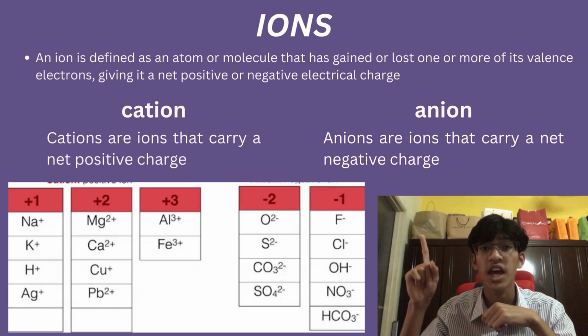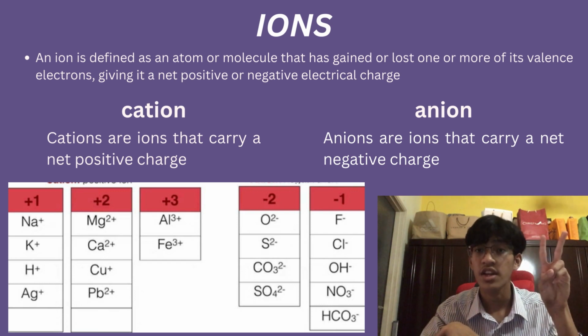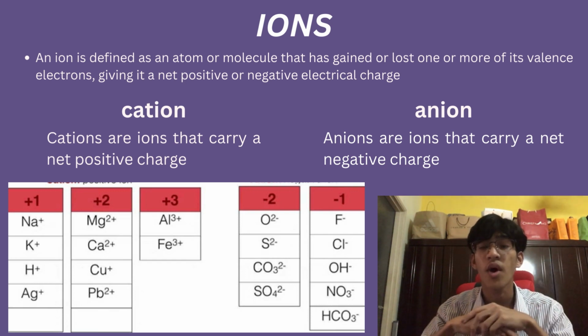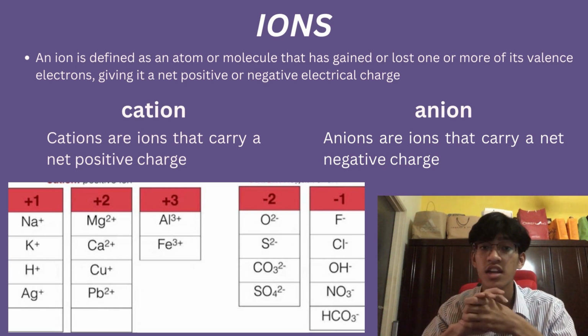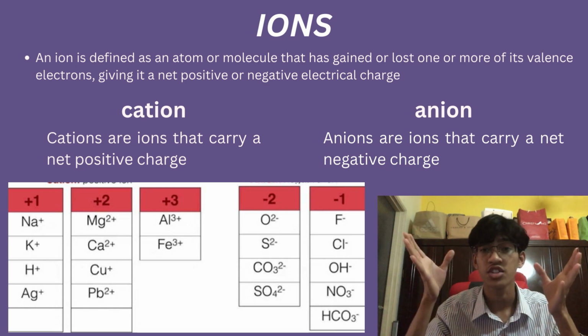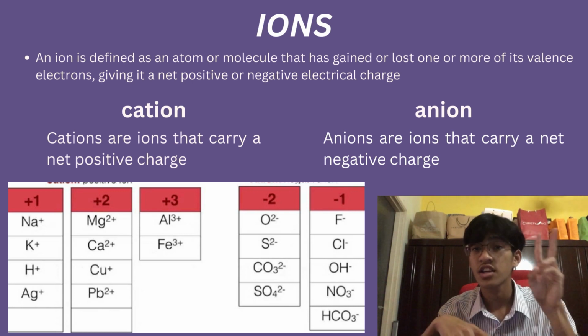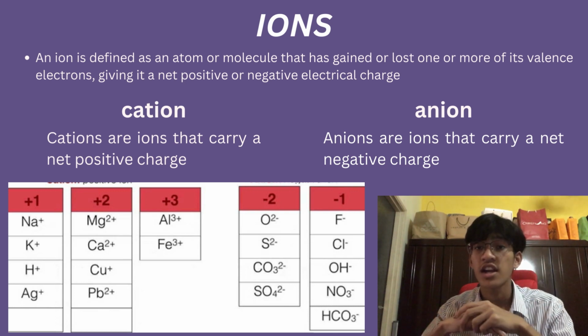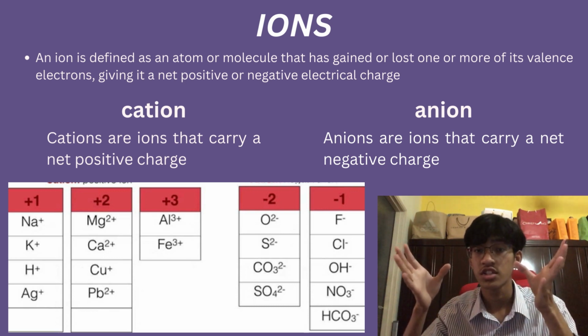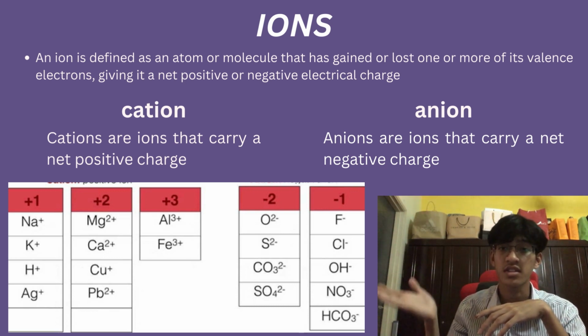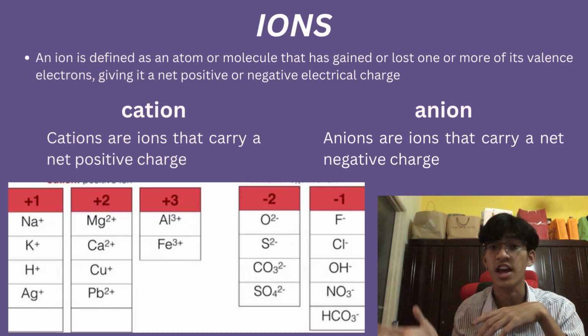First one is cation and the second one is anion. So what is cation? Cations are ions that carry a net positive charge. Second one, anion. Anions are ions that carry a net negative charge. So these are some examples of cation and anion.